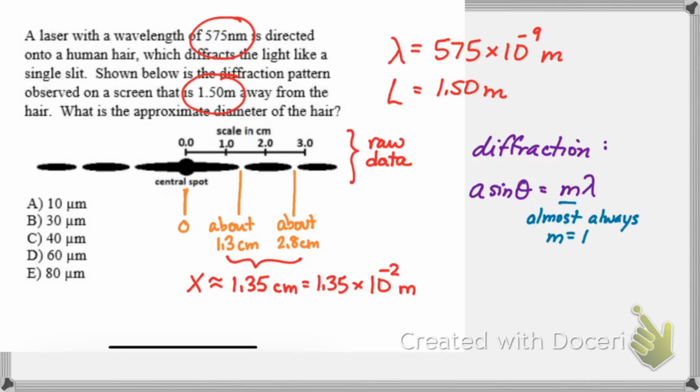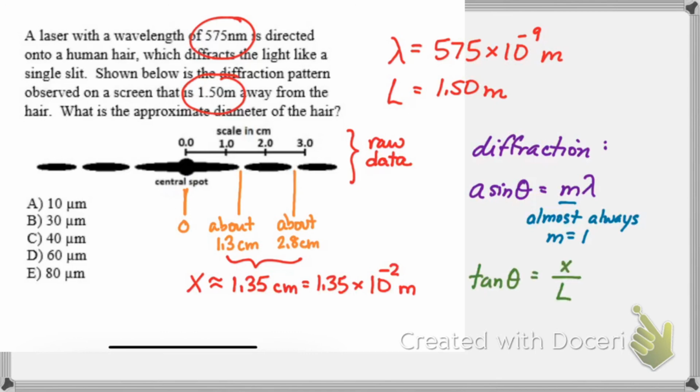That is going to be an integer of 1, because it goes from, say, the 7th dark fringe to the 8th dark fringe. Well, that's a distance of 1 fringe. So M is basically always 1. Or in our case, we're actually going from the 0th to the 1st, but it's still a distance of 1. So M, usually 1. If you're guessing and you don't really know, just pick M equals 1. It's probably going to be right.